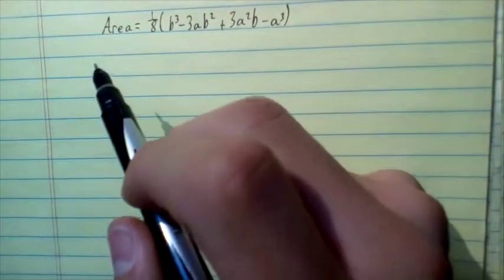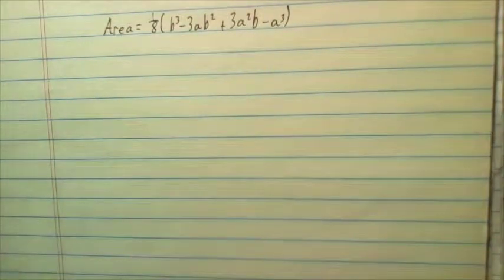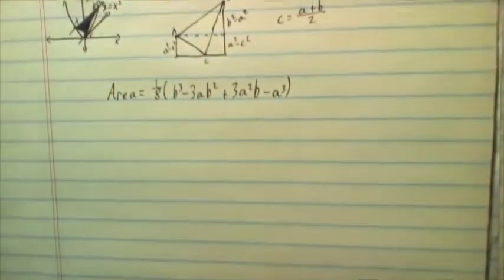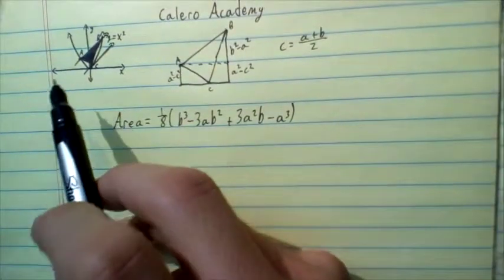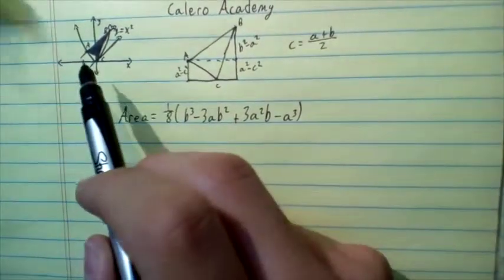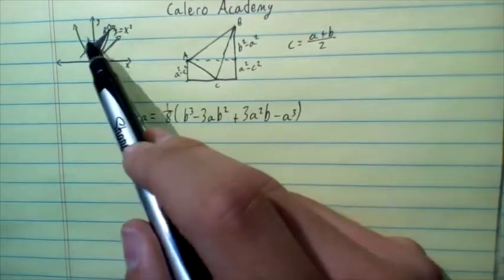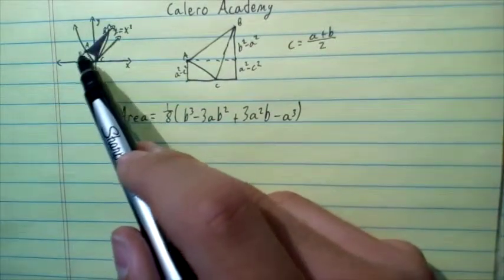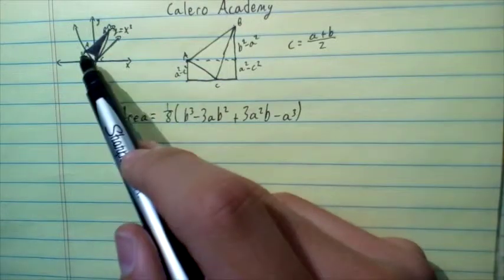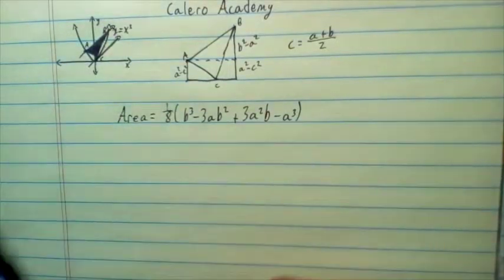Another interesting little thing is, if we go back to our parabola over here, there's a very peculiar property that relates the area of our triangle to the area between this line AB and the parabola.